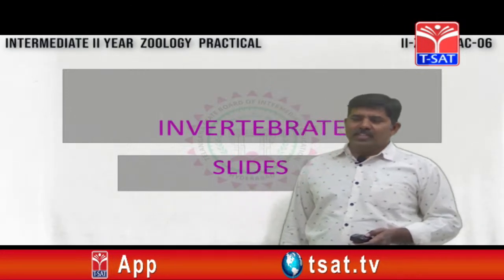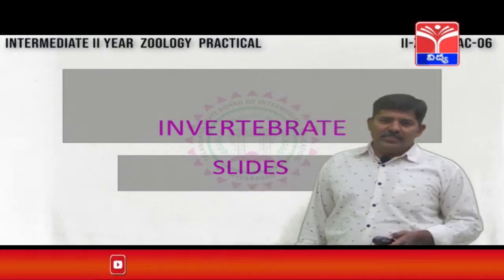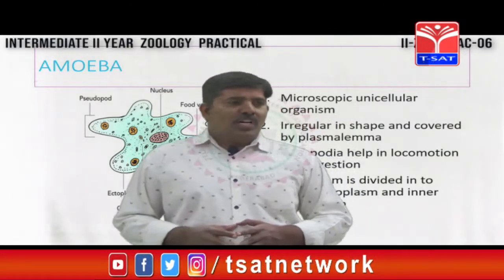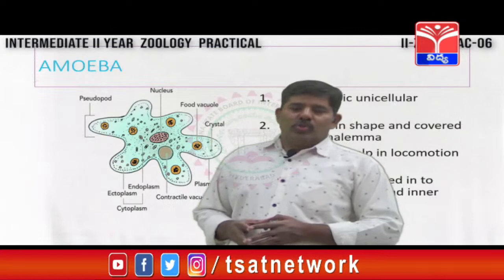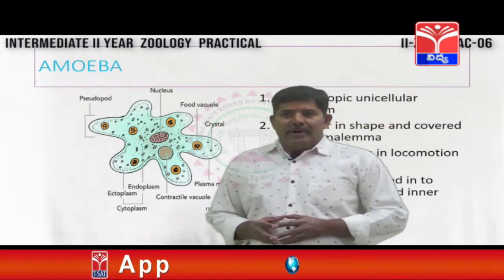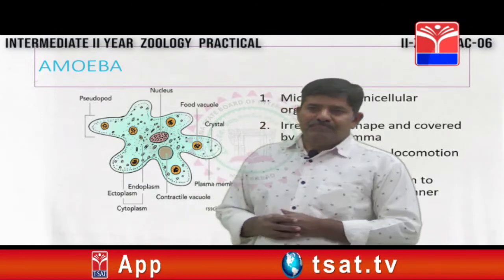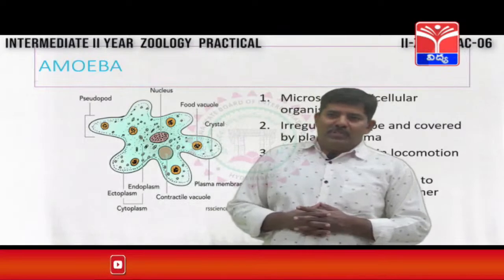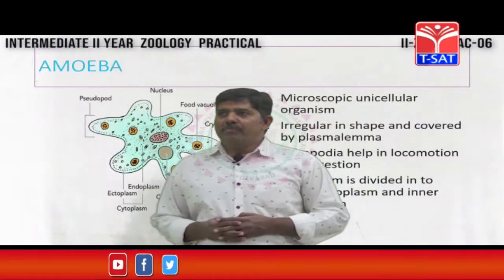Now first we discuss the invertebrate slides, beginning with the amoeba. You know the amoeba. Amoeba belongs to the protozoa. It is a single-celled, microscopic, unicellular organism, irregular in body shape.